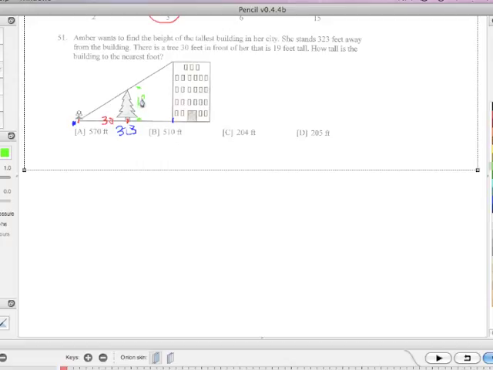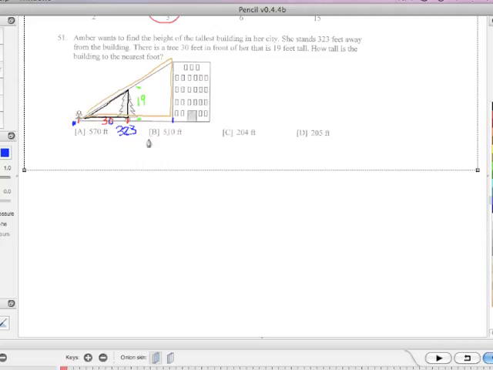So you just have to pull the similar triangles out of this problem. This triangle will be similar to this triangle. And similar should be synonymous with proportional. You immediately go to proportions.